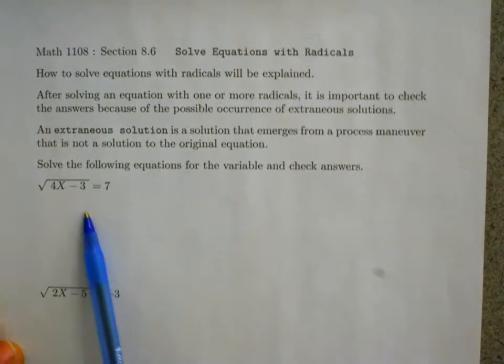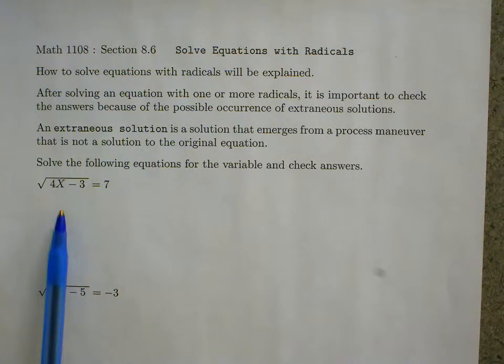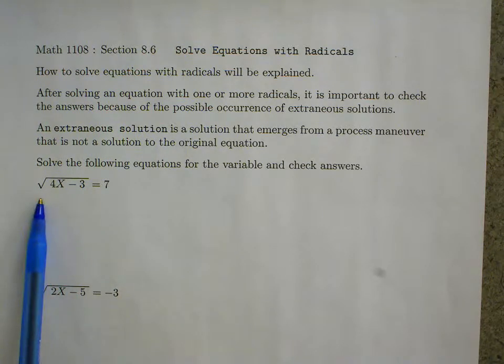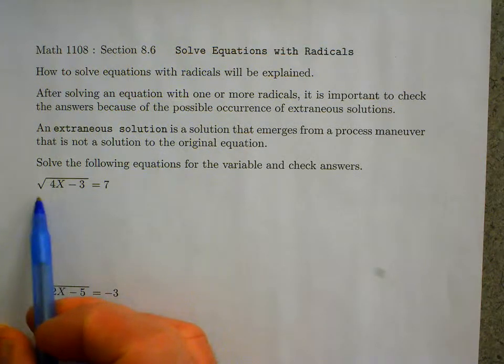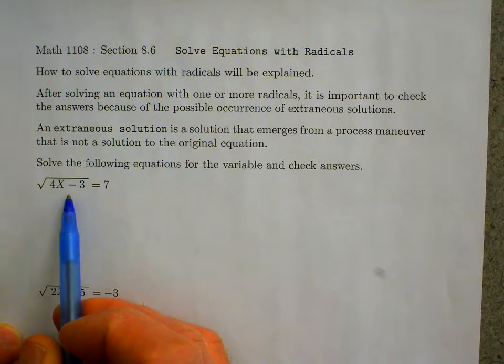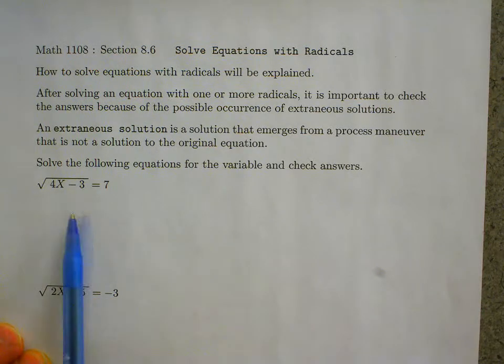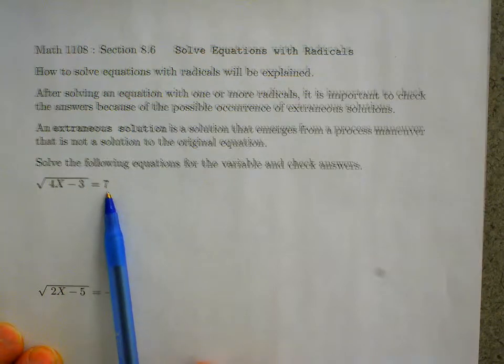In our first example, solve the following equation for the variable. We have the square root of 4x minus 3 equals 7. First note that this is the positive square root, or principal square root. So this has to be equal to a number that's not negative. And so far, we're okay because the right-hand side is not a negative number, it's positive 7.